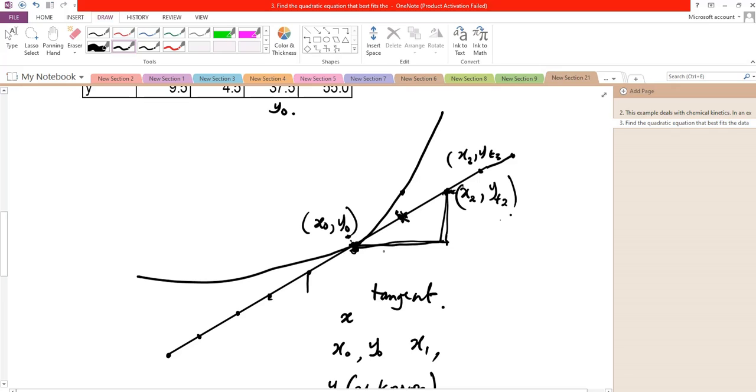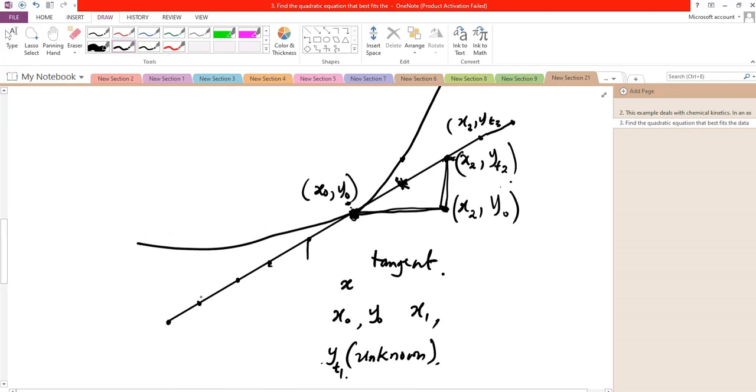Now at this point is x subscript 0, y subscript 0.